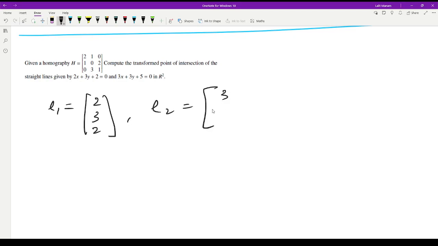We have two lines. I'm just writing it in a way that we are used to: L transpose x equals 0, where the first line is given with these elements and the second line with these elements. It's just the coefficients. How will you compute the point of intersection?